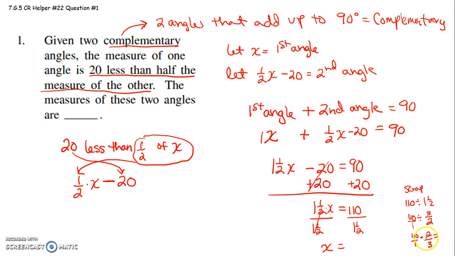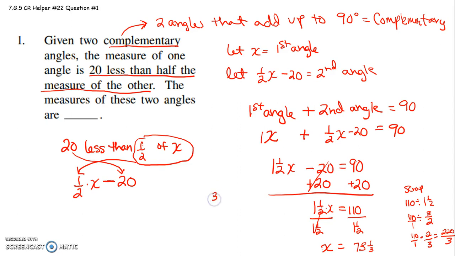Oh well. 2 times 110 is 220 over 1 times 3 is 3. So it's 220 thirds. 3 goes into 220 seventy-three times. I think it's 73 1/3.